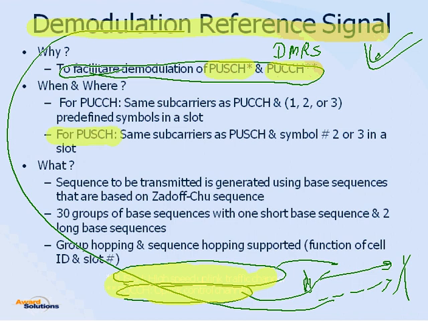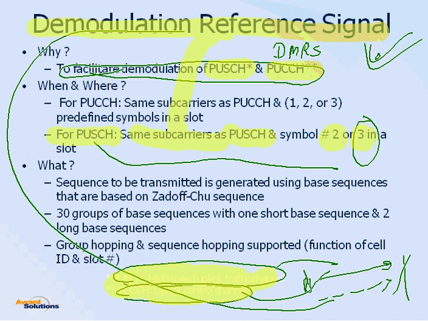So for the physical uplink shared channel, whatever subcarriers the traffic channel is using, the same subcarriers will be used for the reference signal as well. Depending on certain conditions, we will send the reference signal in a specific OFDM symbol. Let's say symbol number 3 would carry the reference signal, and other symbols will carry the traffic.